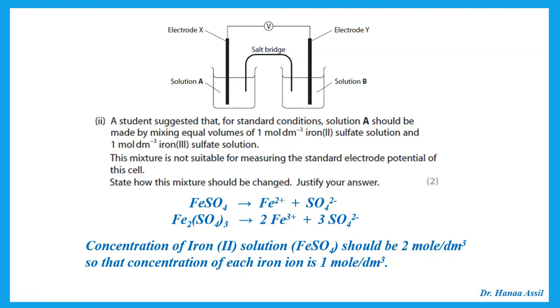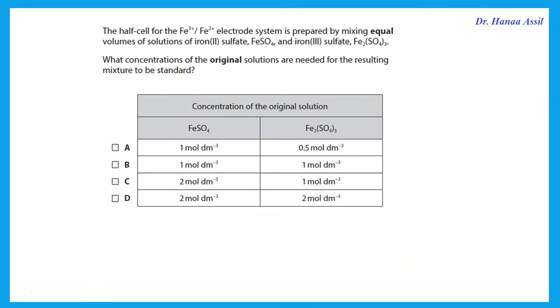In that case, the concentration of each of the ions, iron 2 and iron 3, would be 1 mole per decimeter cubed. The half cell for the iron 3 plus, iron 2 plus electrode system is prepared by mixing equal volumes of iron 2 sulfate and iron 3 sulfate. What concentrations of the original solution are needed to make the mixture standard?